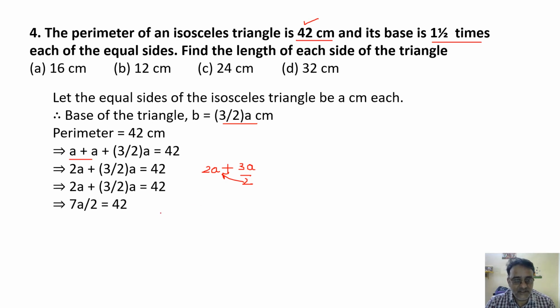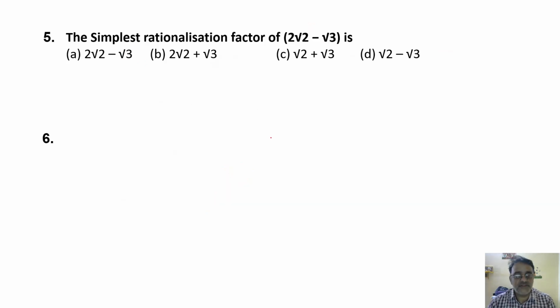Right? अच्छा एक मिनट रुको, इसको कुछ ऐसा मैं लिखूँगा तो ठीक से समझ में आएगा. 7A by 2 is equals to 42, right? Now this 7 we can cancel it here, 6. Now on cross multiplication you are getting A is equals to 12, and the correct option is option B. Right, so now we are moving toward the next question.